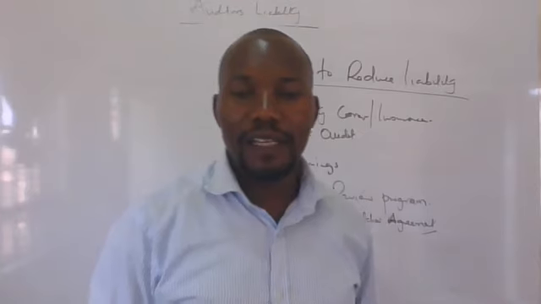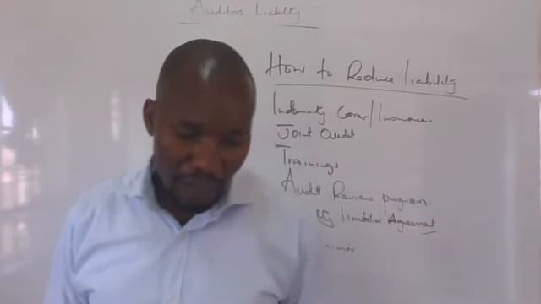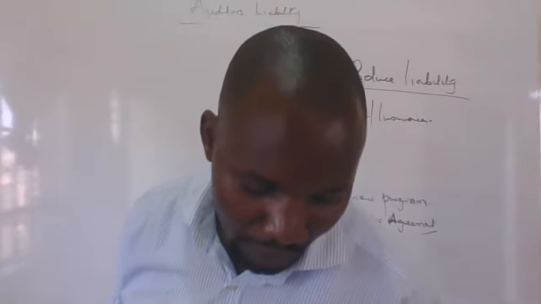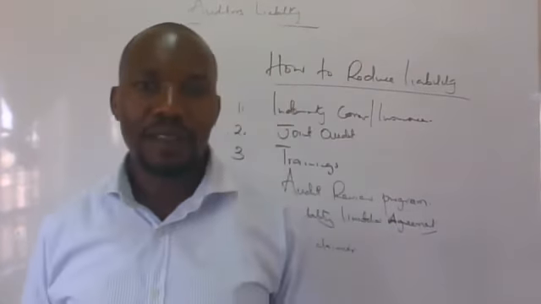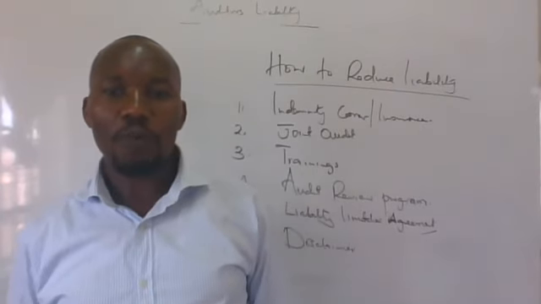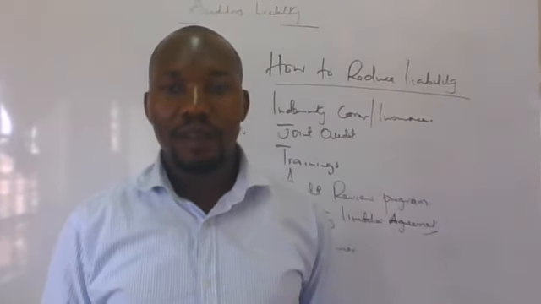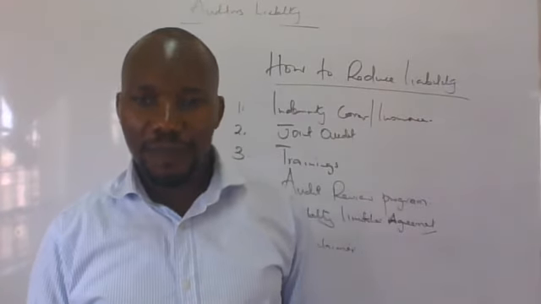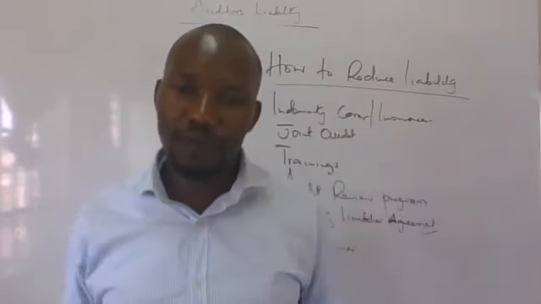The next one, getting understanding from the client, or let me say that having a proper agreement with the client where both parties accept their responsibilities. That is, the client and the auditor need to accept their responsibilities.